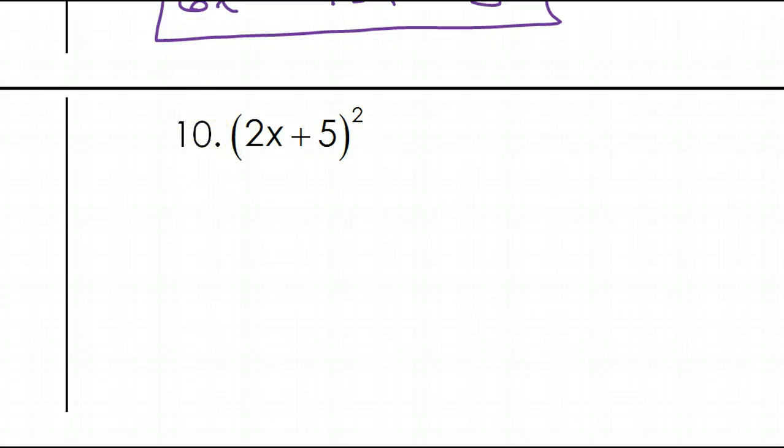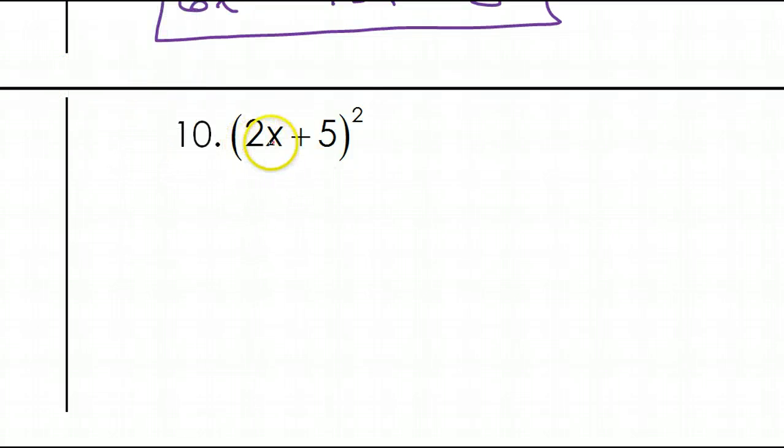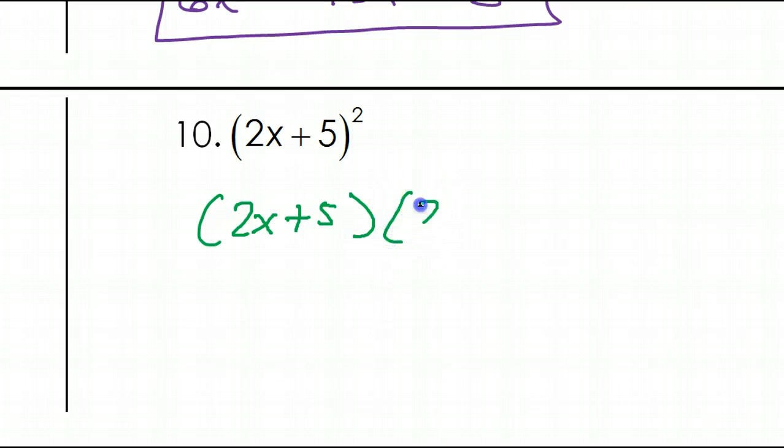Instead, what you need to do is rewrite this twice. Okay, 2x plus 5 squared means 2x plus 5 times 2x plus 5. So now it looks like all the other problems we've been doing.